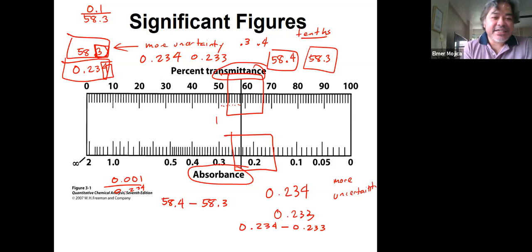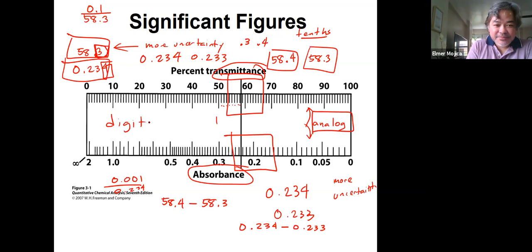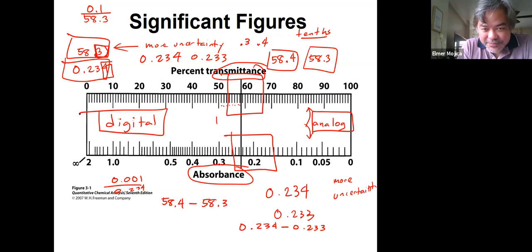And it's really hard if you have, what type of instruments are these? An analog. Compare it to a digital. In a digital, it will give you right away the number that you have, although there's still what we call a representation that the last digit represents uncertainty.